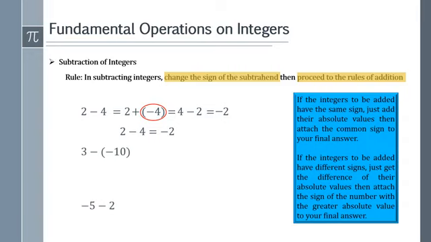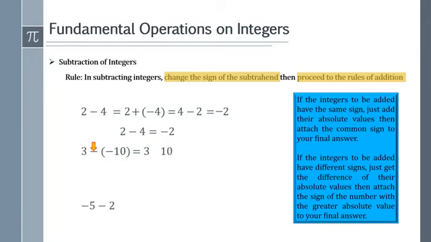Okay? So next, you have 3 minus negative 10. Again, since 3 is not mentioned, it is the minuend. Just copy your minuend. Then, change the sign of the subtrahend. This time the subtrahend is negative, so we will make it positive.